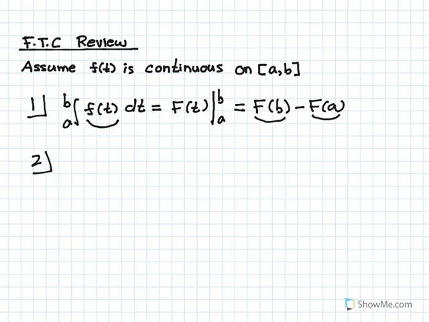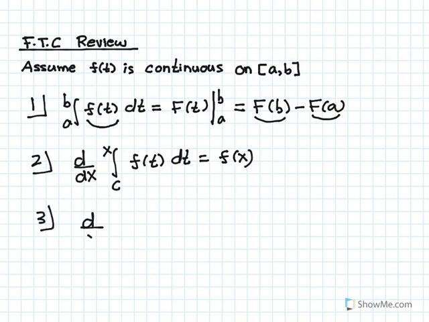Number 2, the derivative d/dx of the integral from c to x of f of t dt. The derivative cancels the integral, and we get f of x. Number 3, d/dx of the integral from c to g of x of f of t dt.